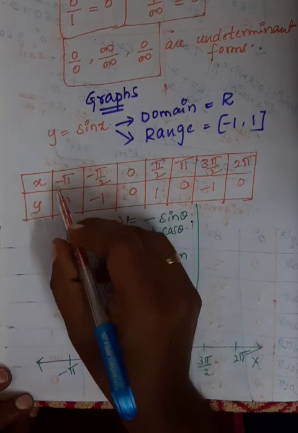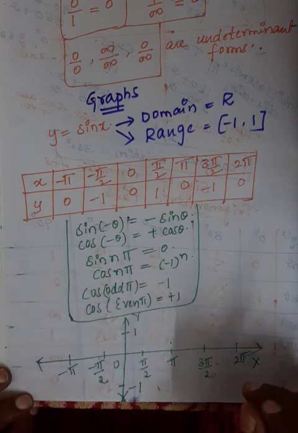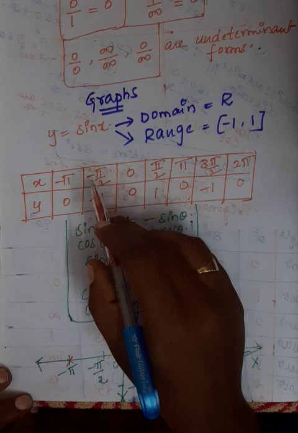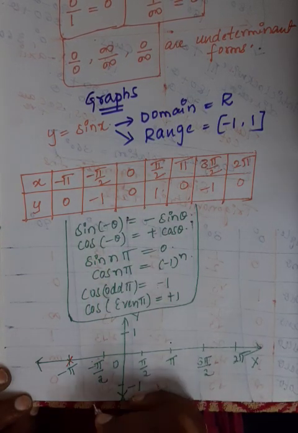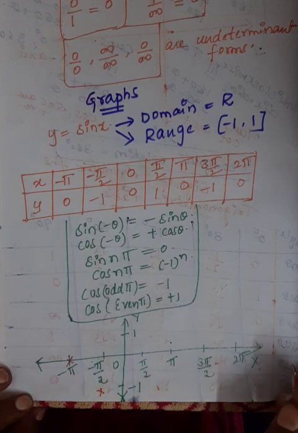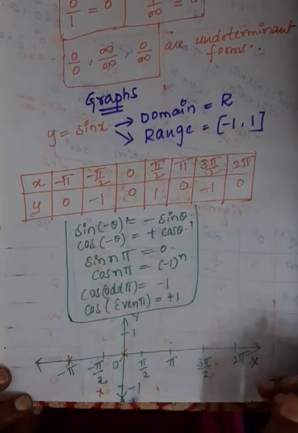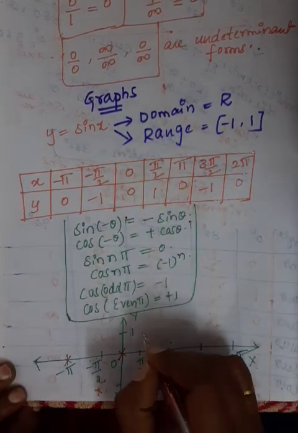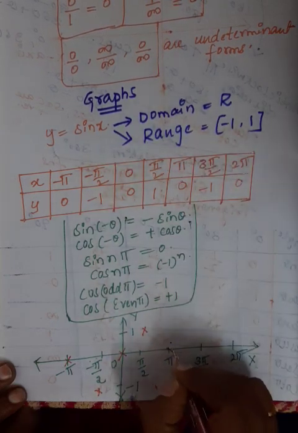First point is -π, 0. So on x-axis we have to check -π. Next -π/2, -1. This is -π/2, -1. Next 0, 0. Next point π/2, 1. Next π, 0.